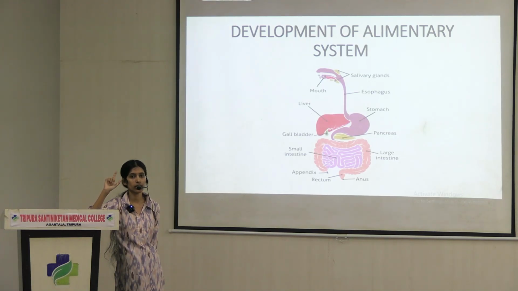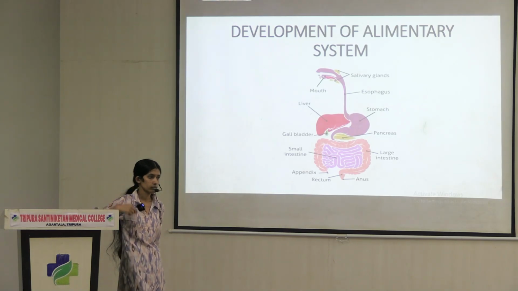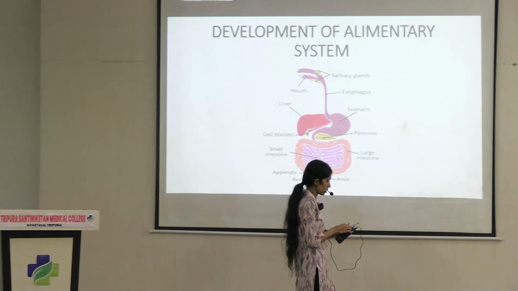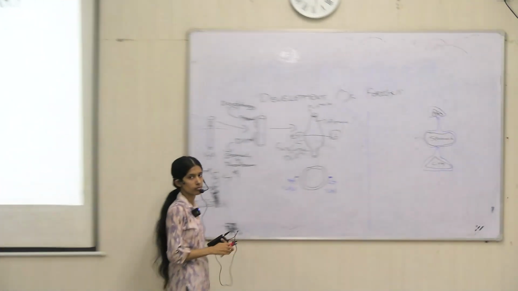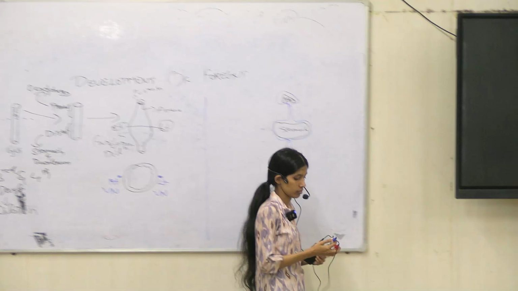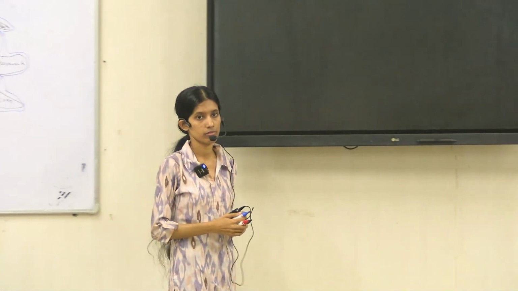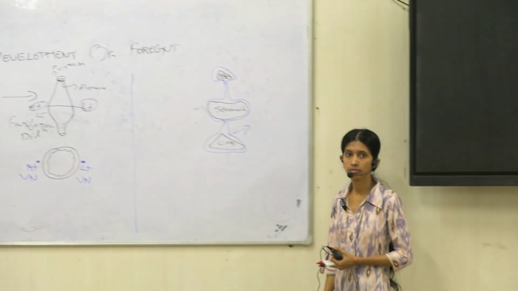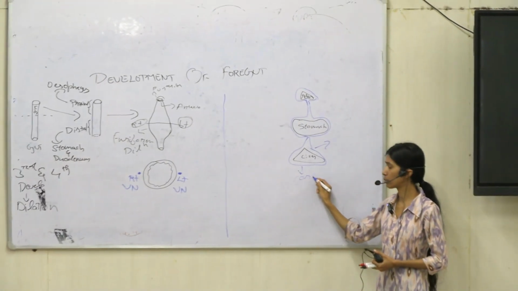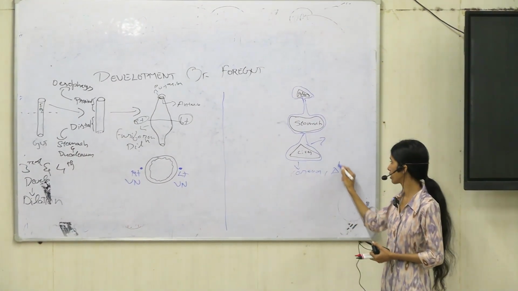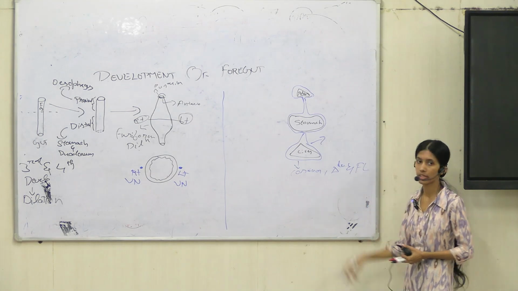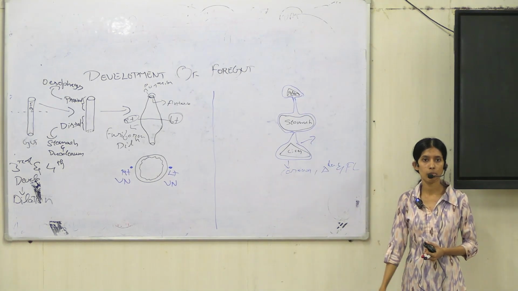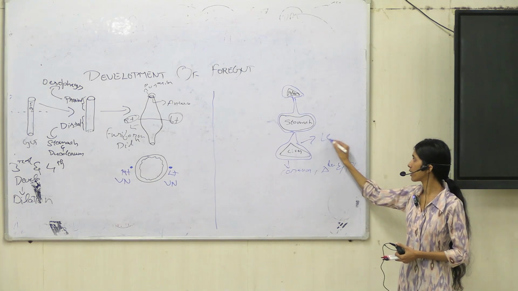Between the liver and stomach, we can see the development of the lesser omentum.